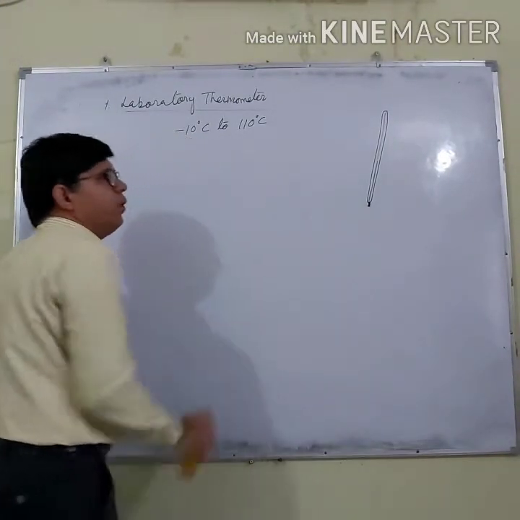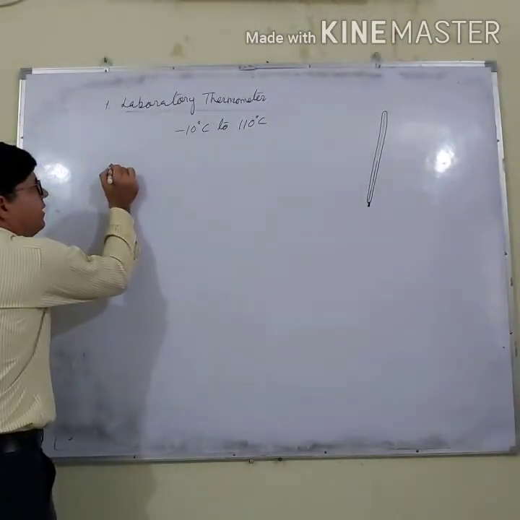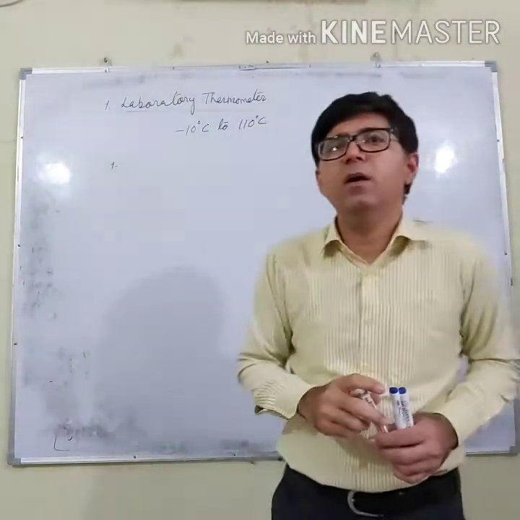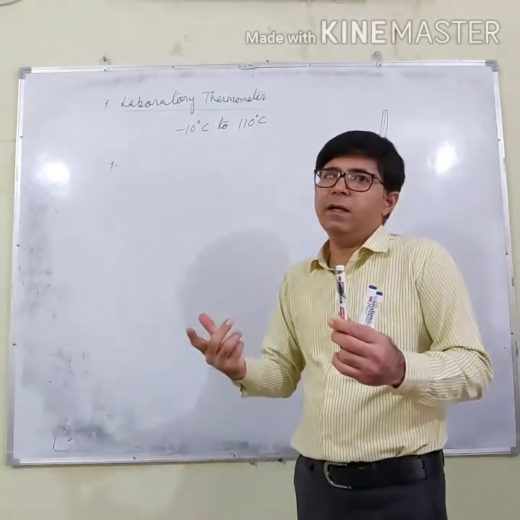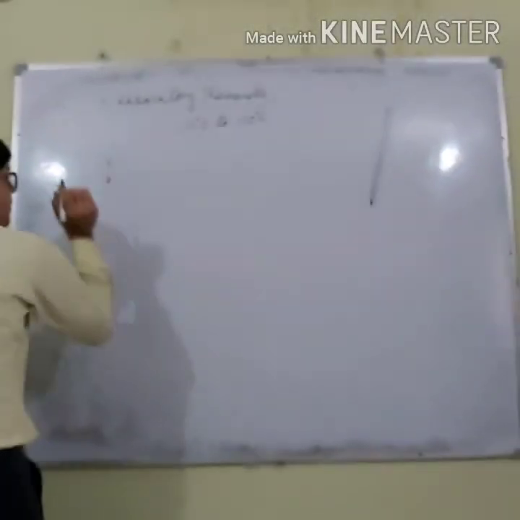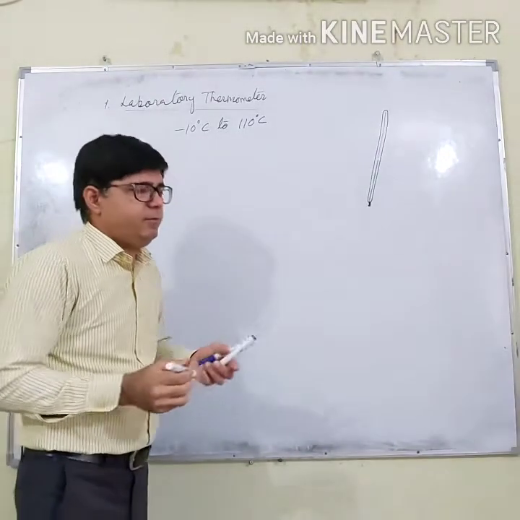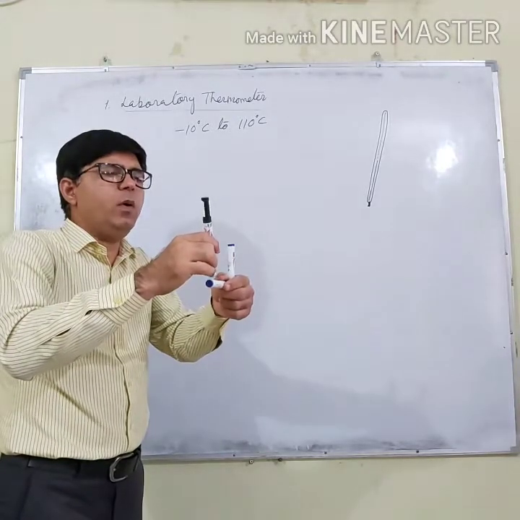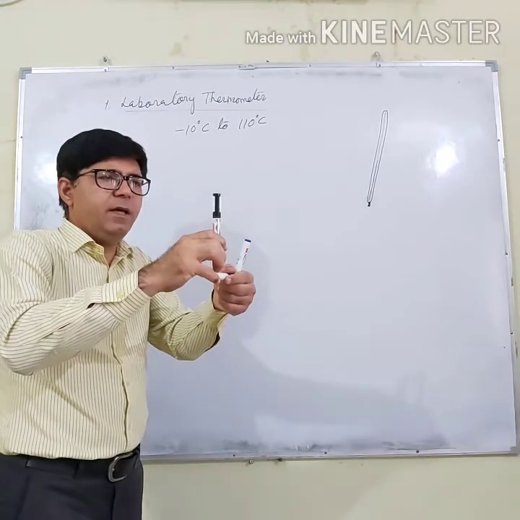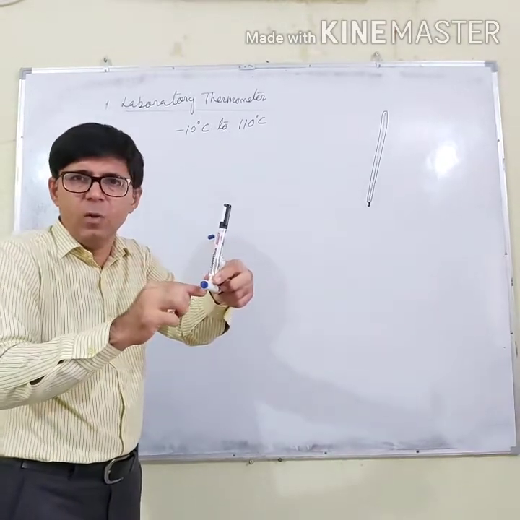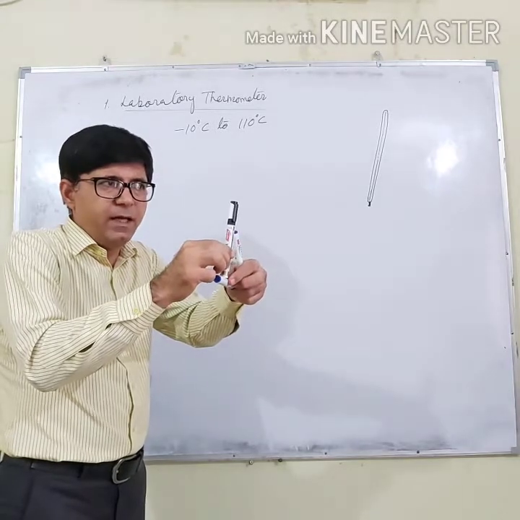Now there are certain precautions that we have to follow. The first precaution is that this thermometer should be held vertical while taking the readings. The second precaution is that the substance whose temperature I want to know must be in contact with the thermometer while taking the reading.